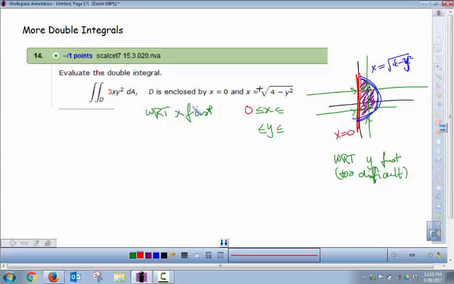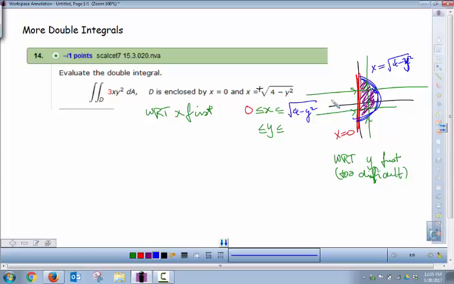So we integrate with respect to x first and draw a line parallel to the x-axis. We enter the region when x equals 0, and we exit the region when x equals that thing.